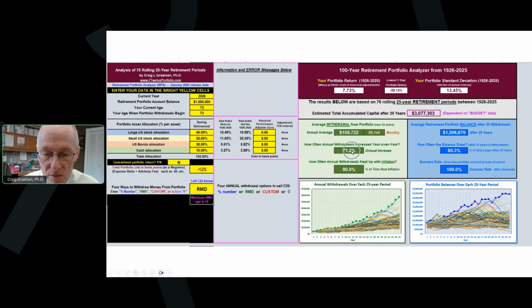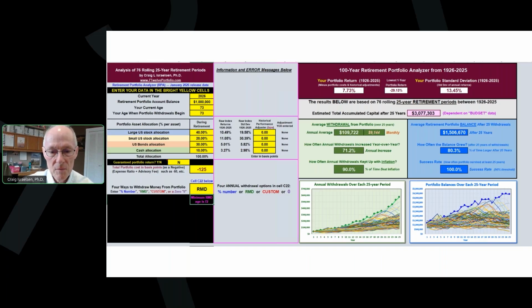Now I'm back in the green section. 71% of the time. Oh, interesting. That's one of the most interesting things on the screen, because we know the RMD percentage is increasing. And so a casual thought would be, if my portfolio is growing based on the average balance, then I would suspect that the withdrawals annually would increase nearly all the time.